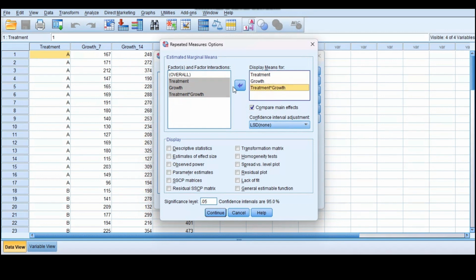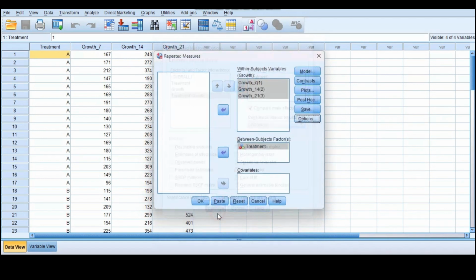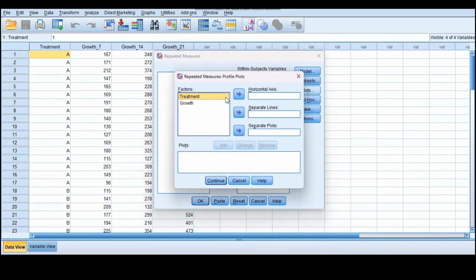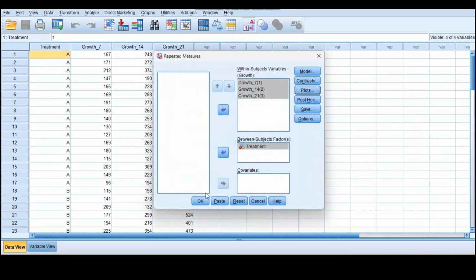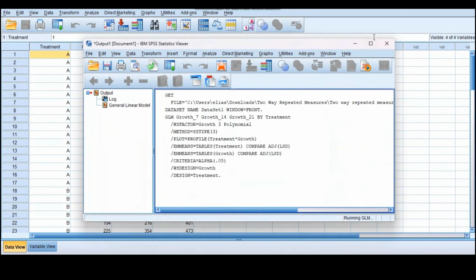In this case, I'm not interested in this. Then click Continue. Another important thing is the plot. You can plot the treatments, that is A, B, C, on the horizontal axis, and then the growth at separate lines. Then we click Continue and just click OK.